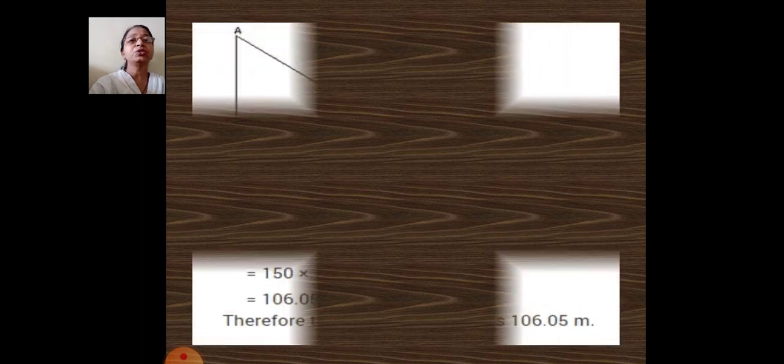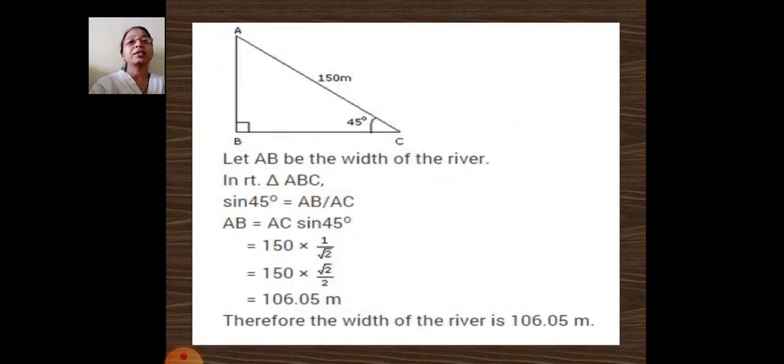So what will be the actual diagram? This is that actual diagram. So AC represents that bridge, okay, and let AB be the width of the river, and angle ACB is the angle made by that bridge AC with the bank of the river.